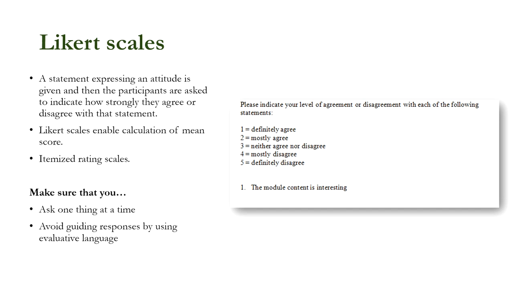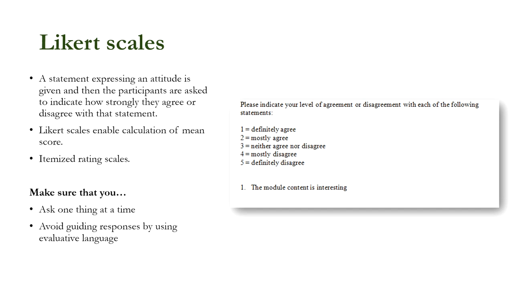This is taken from one of our module evaluation questionnaires. So one of the statements that we give to students is the module content is interesting. So there we have a statement expressing an attitude, and then we'll ask the participants to indicate their level of agreement or disagreement, and then you explain what the itemised scale refers to. So 1, definitely agree, 2, mostly agree.